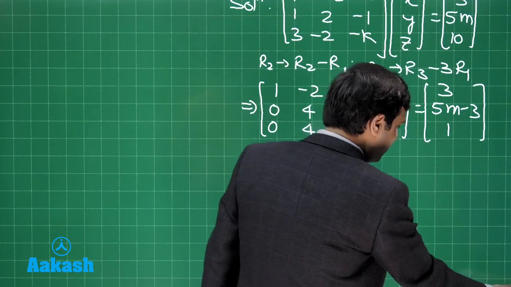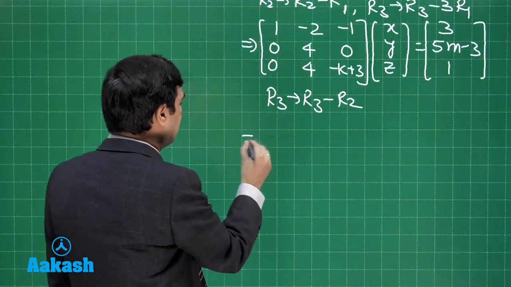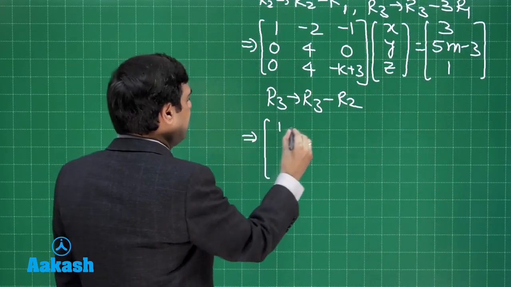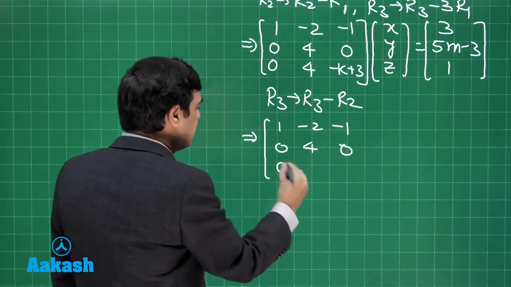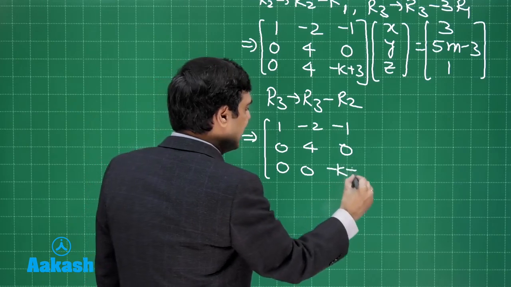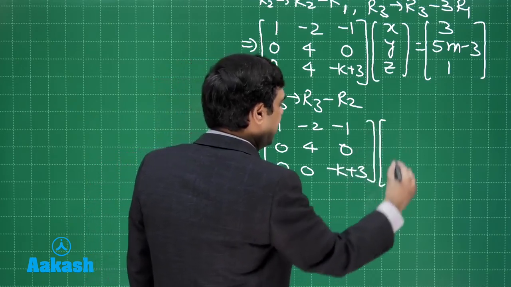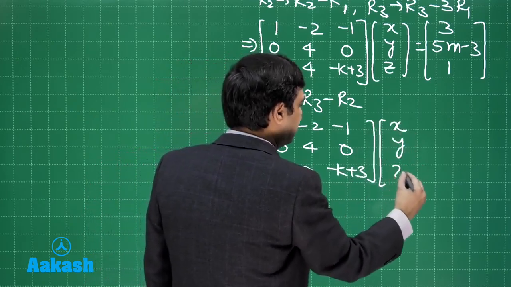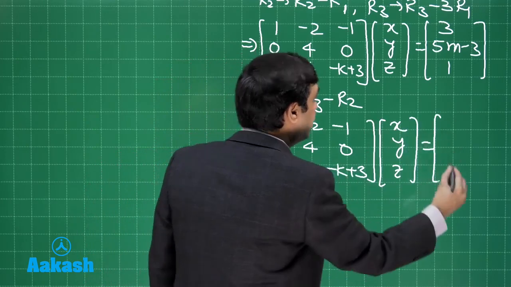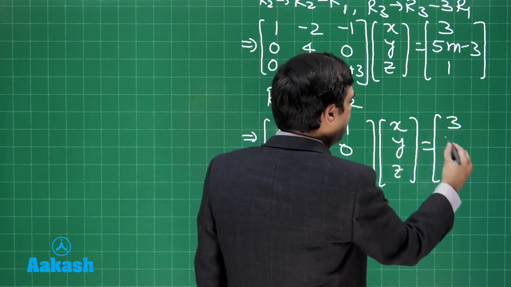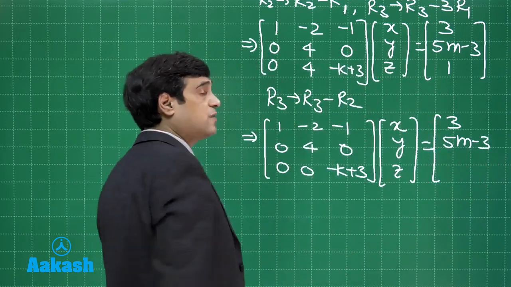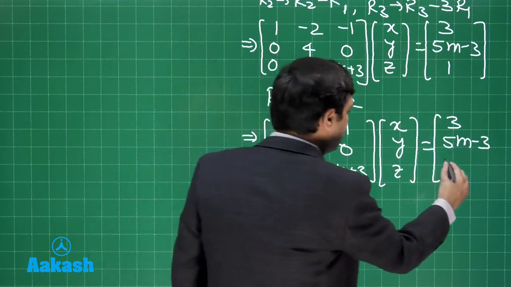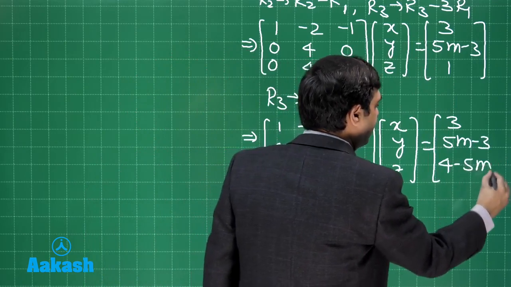This gives us the result changing to 1, minus 2, minus 1, 0, 4, 0, 0, 0, minus k plus 3. Here x, y, z is equal to 3, 5m minus 3, and this is 1 minus of 5m minus 3, that means 4 minus 5m.